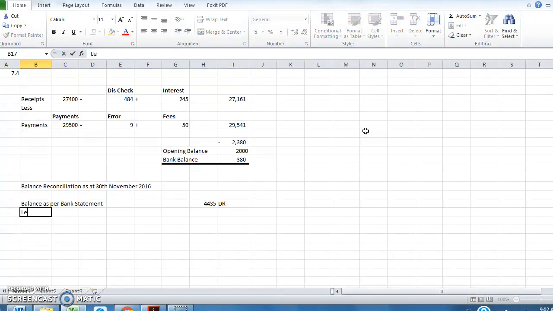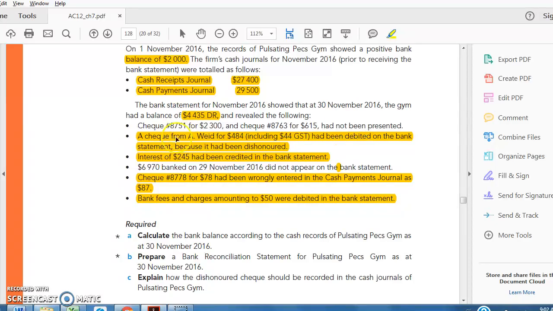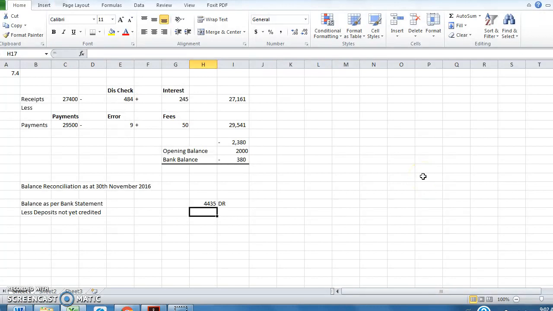So when we do this, we then need to take our deposits out. So deposits not yet credited. Are there any deposits that are yet to be credited? So let's see, we have our 6,970 yet to be banked, so yet to appear on our bank statement. So 6,970, so that'll bring us up nicely.